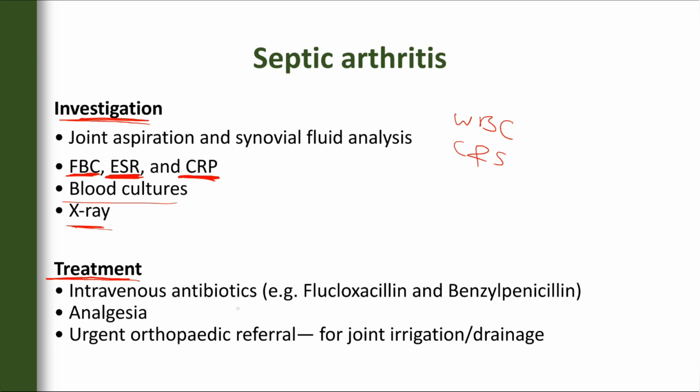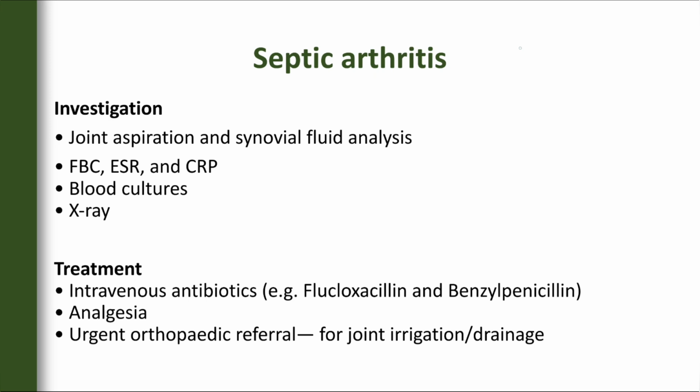Treatment is IV antibiotics. It may change according to the local policy, but the best one is flucloxacillin and benzylpenicillin, and giving analgesia, with urgent orthopedic referral. What do the orthopedic team do? They may do joint irrigation and drainage of that area.